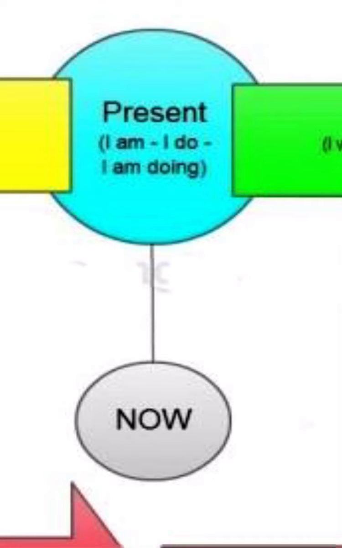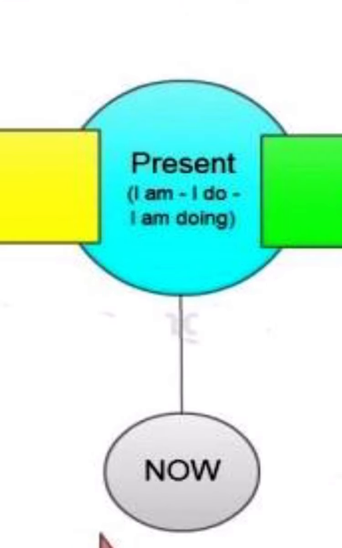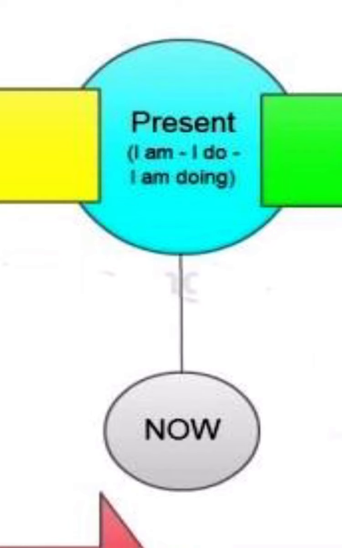Now each form has different grammar. إلها قاعدة مختلفة, and each form is used in a different way. يستخدم بطريقة مختلفة. But this is for the same tense, لنفس الزمن. For example, in the present tense, I can say, I go to university every week.